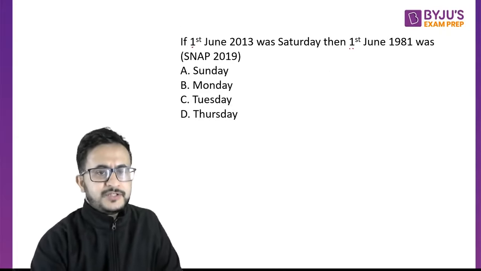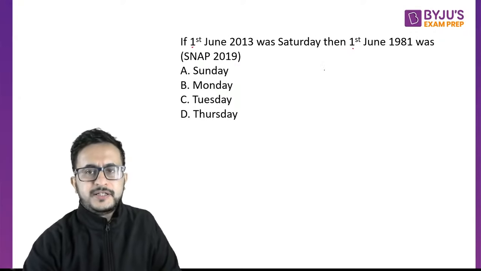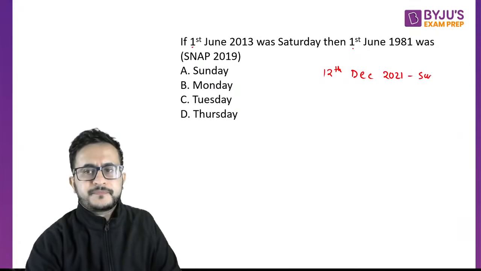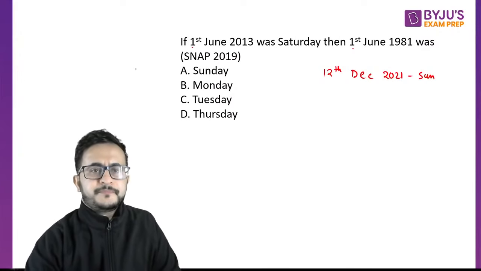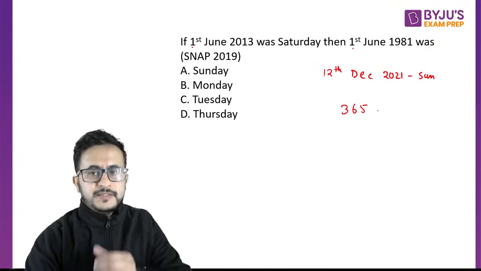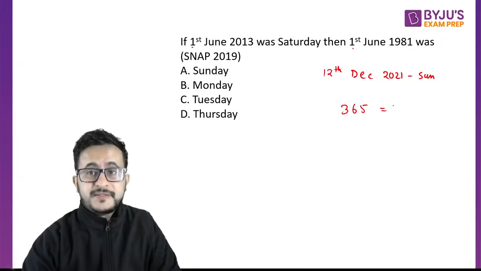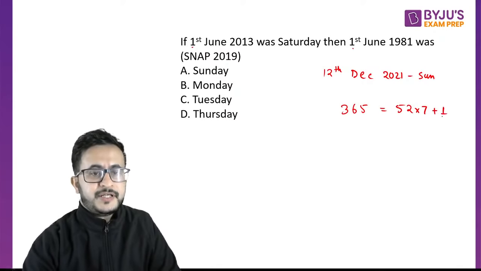is same, okay, so let us say today I say that 12th of December, right, 2021 is a Sunday. Okay, in 1 year you have 365 days. 365 days means that 52 into 7 plus one extra day, right?